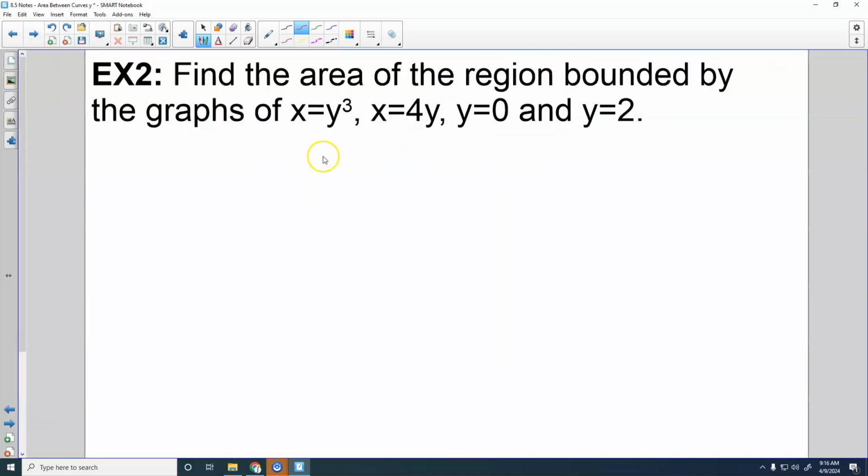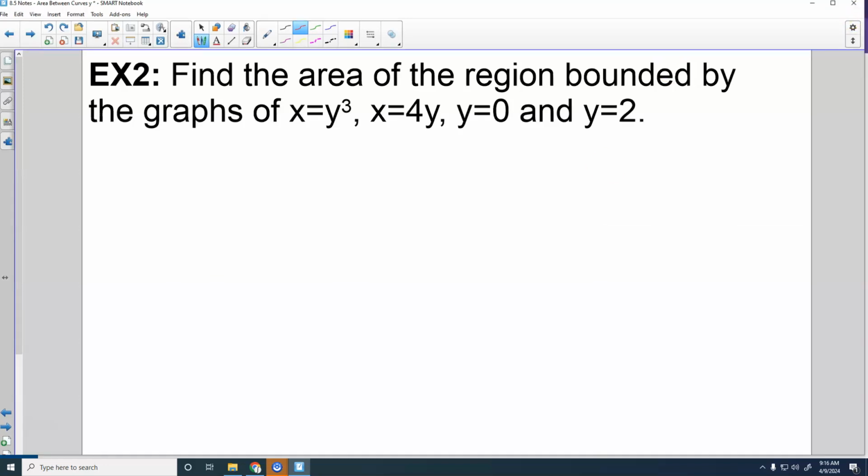So let's look at this problem. We are supposed to find the area of the region bounded by the graphs of x equals y to the third, x equals 4y, y equals 0, and y equals 2. This is definitely going to be a calculator inactive problem, but I do think it's helpful to see what is happening here.